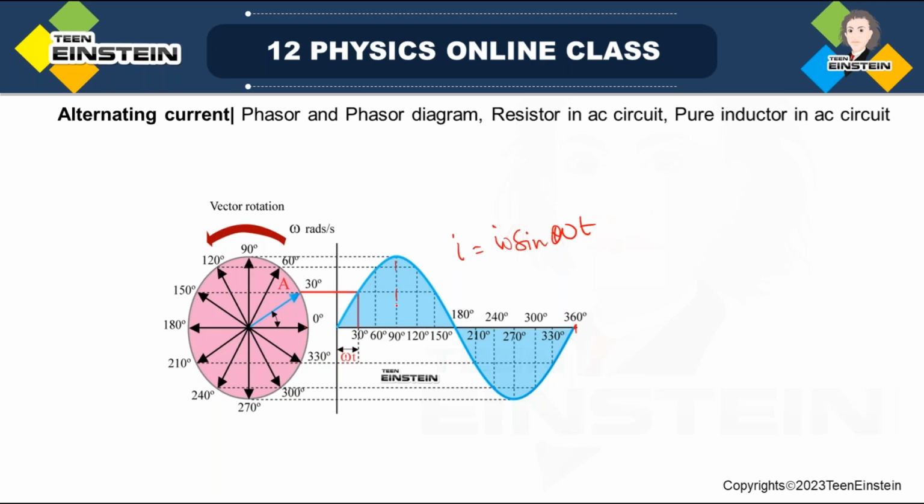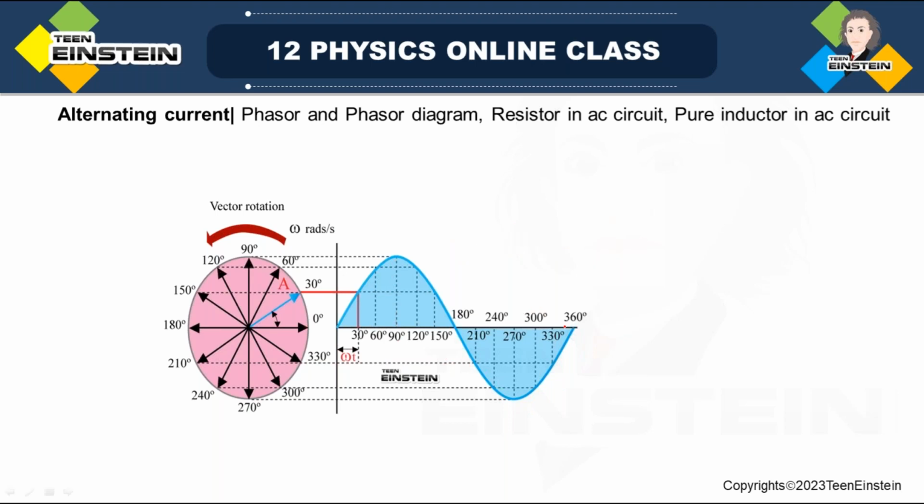So this is T by 4, this is T by 2, this is 3T by 2, and this is T. So for one cycle you will get the complete cycle of this signal.